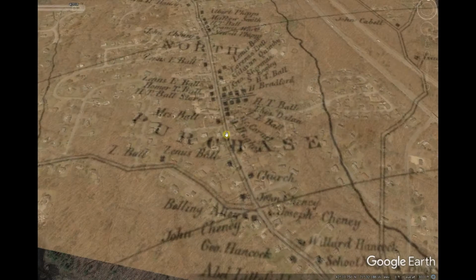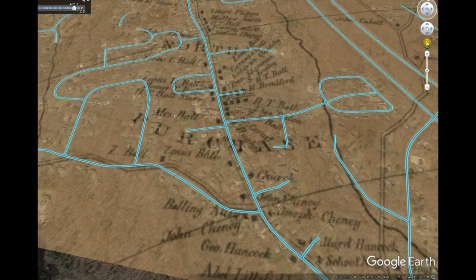Now if we move south up Purchase Street here towards Camp Street, we see here that in the village there was a church. This was once the Methodist church on John Cheney's land, and it was burned down and actually replaced with a school.